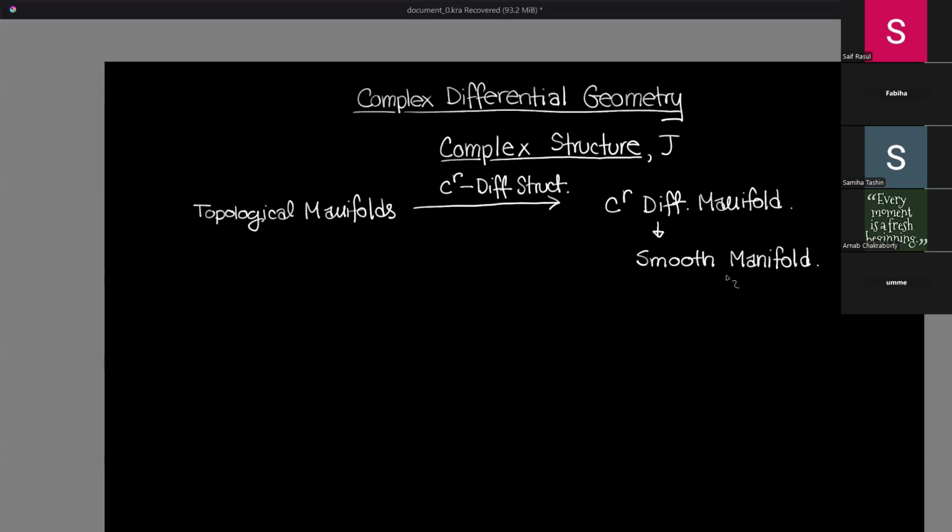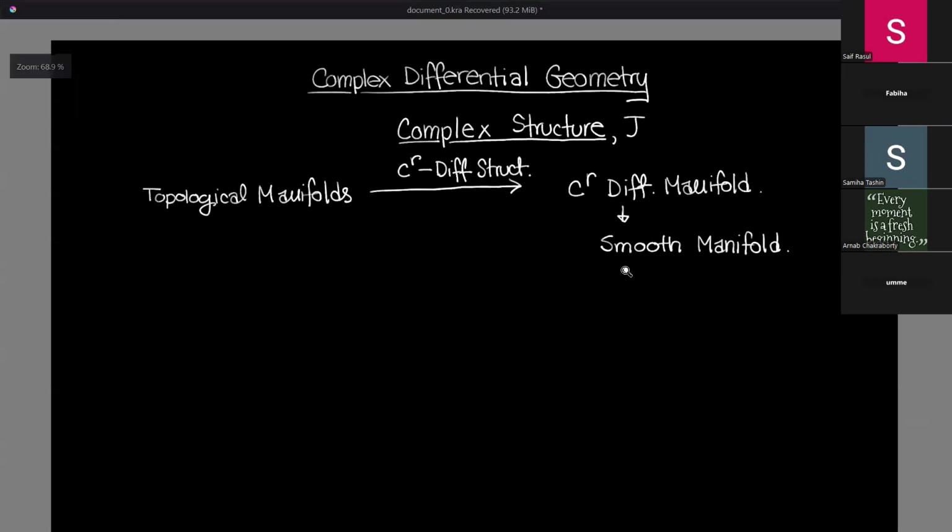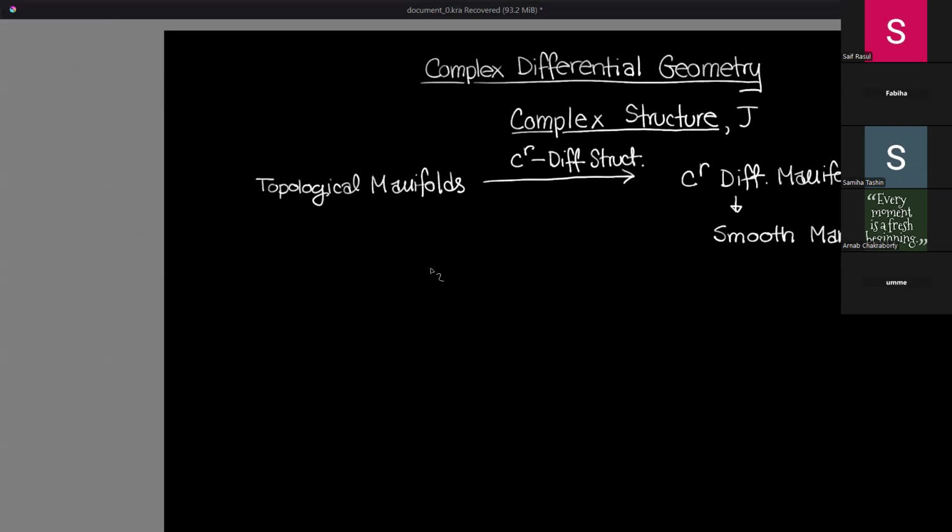With a smooth manifold, the idea is this is a little bit silly, but we can think about it this way. In complex differential geometry, we have three key words, the three words in the title: it's complex, it's differential, and it's geometry.